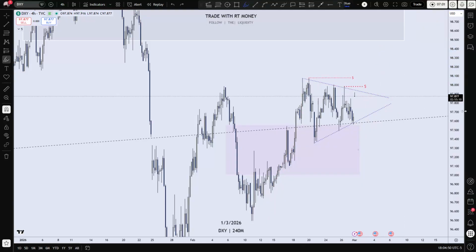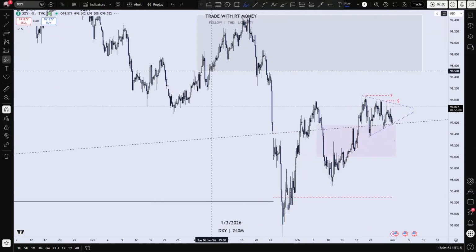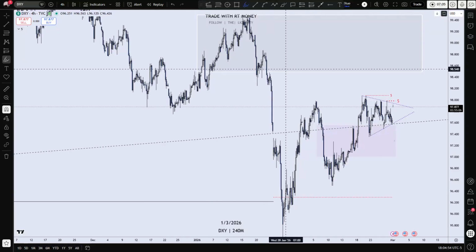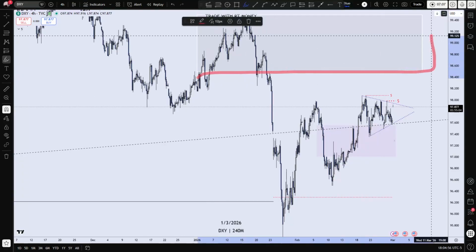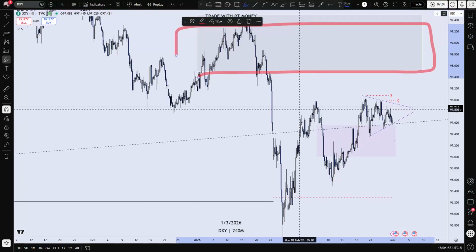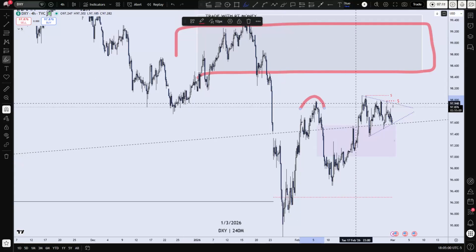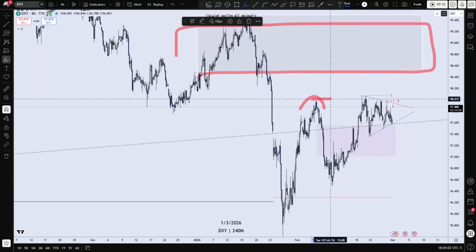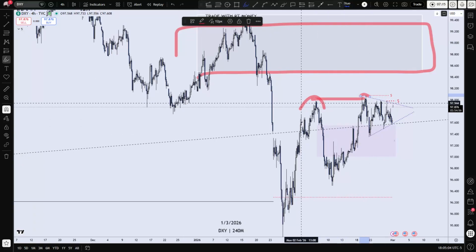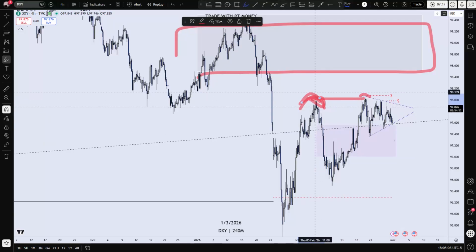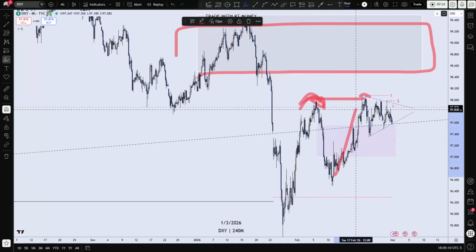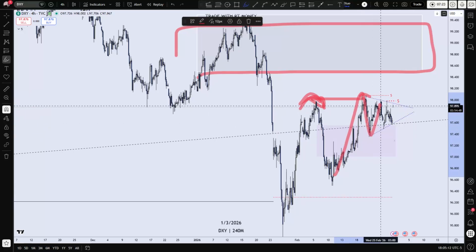And I pointed out last week that there's an area of supply up here, and we have a move here, and the market takes that higher. We can see that we can use this as inducement. Inducement is a liquidity point that the market could target and then come back.